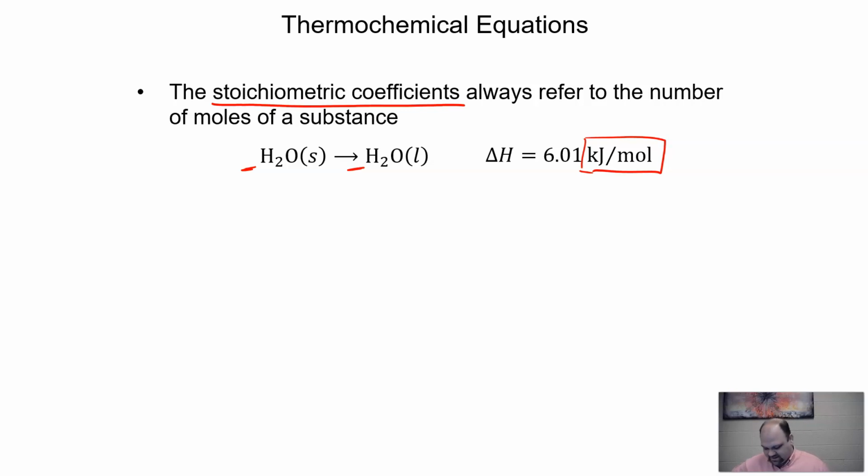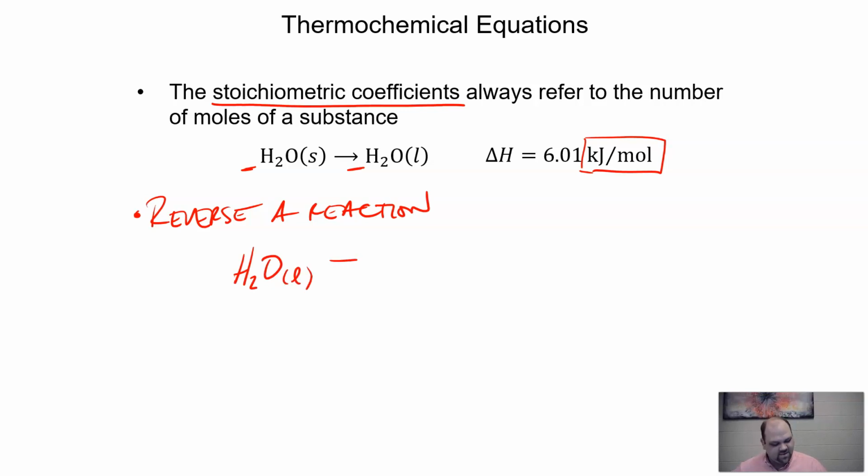Okay? The second thing to take into account is if we reverse this reaction, so instead of water as a solid going to water liquid, now we've got water liquid going to water solid.